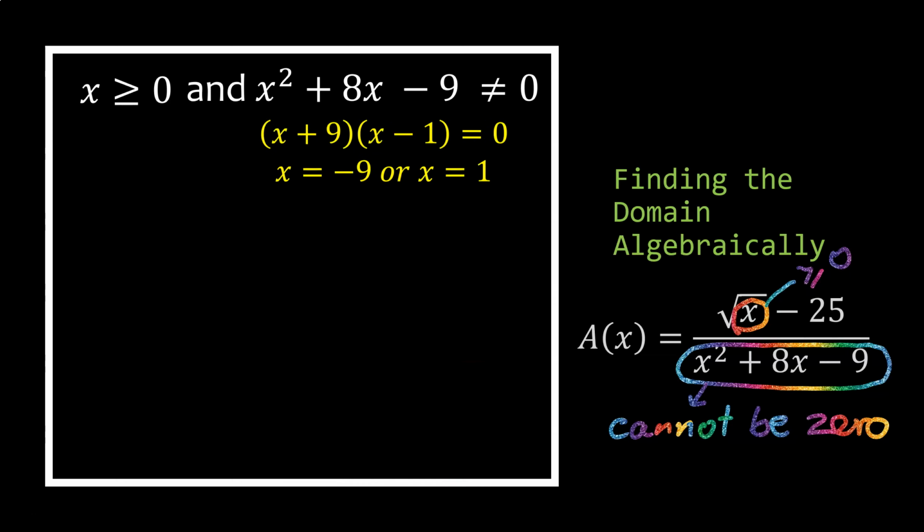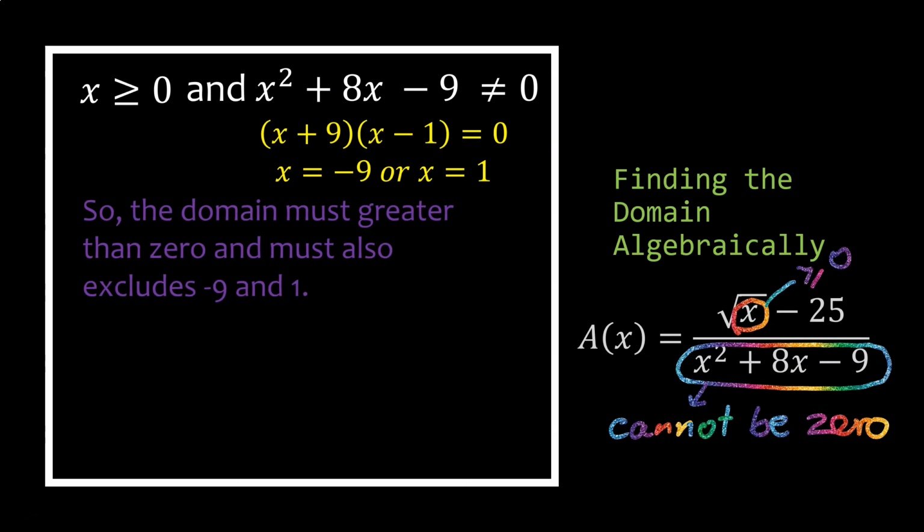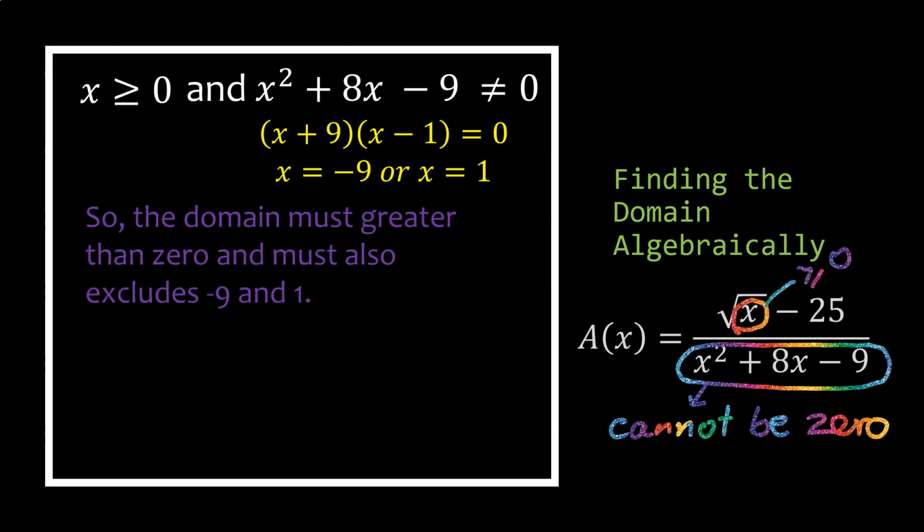So when does that happen? x squared plus 8x minus 9 can be factored to be x plus 9 times x minus 1. So x is negative 9 or 1. So we have to go and exclude those points there, right? So the domain is greater than or equal to 0 and must also exclude negative 9 and 1.